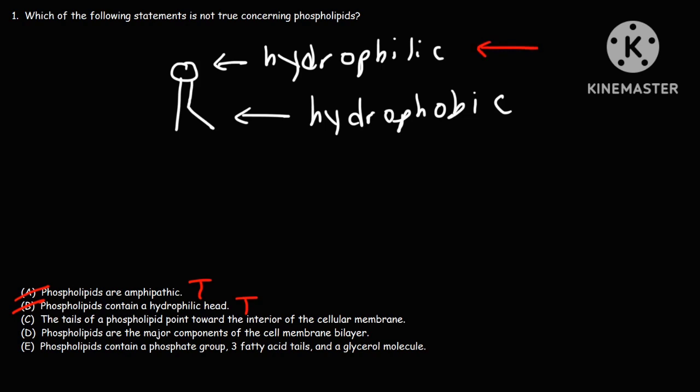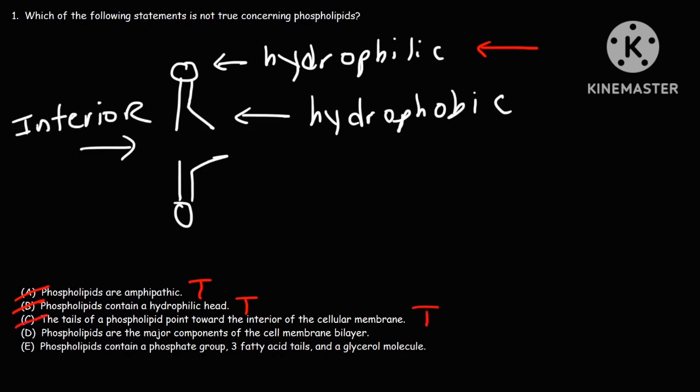And for C, the tails of a phospholipid point toward the interior of the cellular membrane. That is also true. The membrane looks like this, and as you can see, the tails are definitely in the interior of the membrane. Now, for answer choice D, phospholipids are the major components of the cell membrane bilayer.